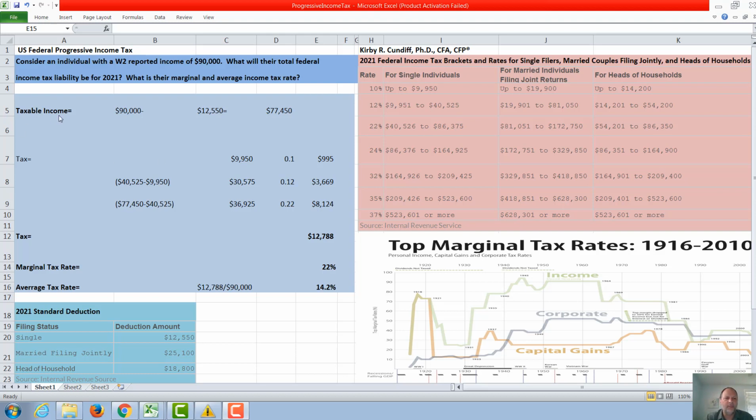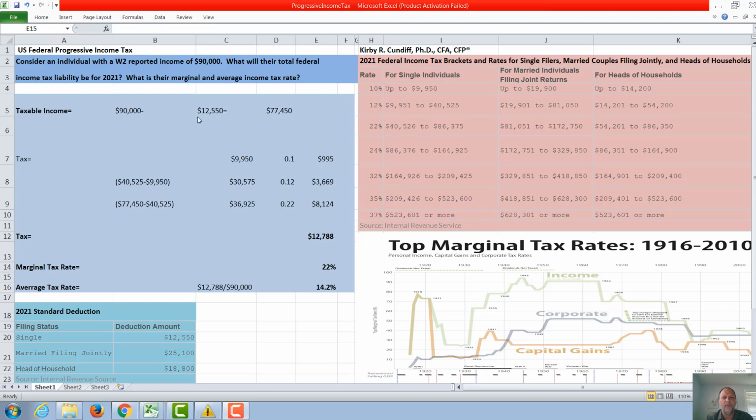To look at an example of how it is applied in calculations, we consider an individual with a W-2 reported income of $90,000 and ask what will their total federal income tax liability be in 2021. We also ask what's their marginal and average income tax rate. So an individual with a W-2 salary of $90,000, again, the first $12,550 is not subject to federal income tax, though they still pay Medicare and Social Security.